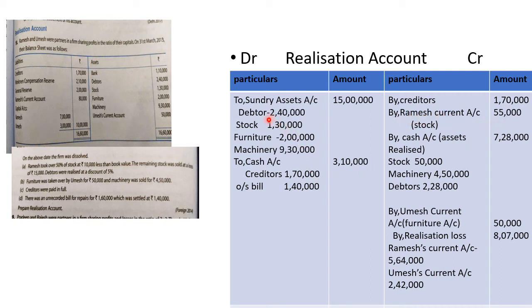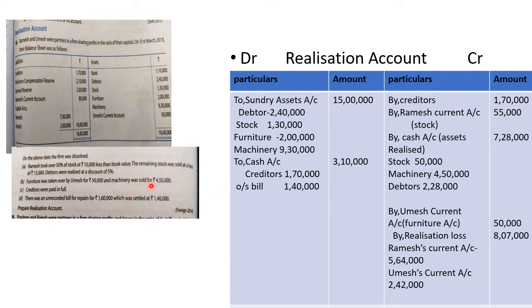Okay. So if an asset is taken by any partner, that will be recorded under the concerned partner's current or capital account in the credit side, by Ramesh current account. Same way, assets sold will be recorded in the credit side by cash account. Here we had seen that the remaining stock was sold at 15,000 less, that is 50,000.